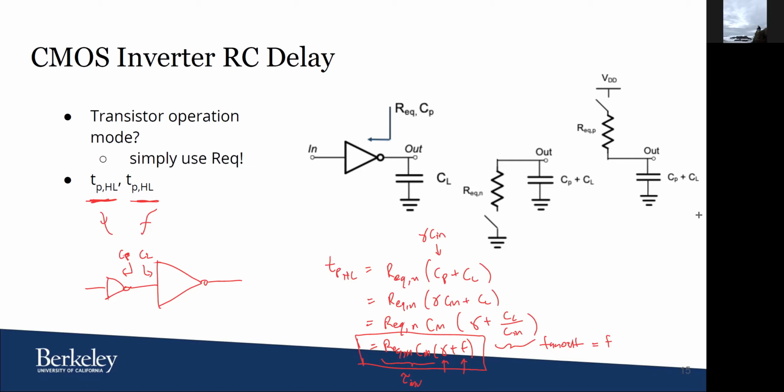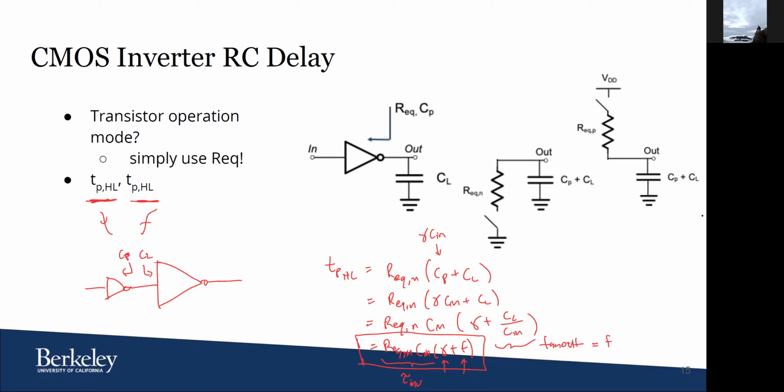Wait, so what's CL over C_in here? Like the little f. Sorry, you're saying how did I get from here to here? No, I know you just factored the C_in out. I'm saying what's CL over C_in? Oh, okay. I said that CL over C_in is defined as the fan out.